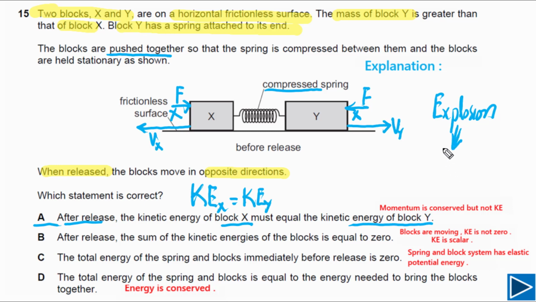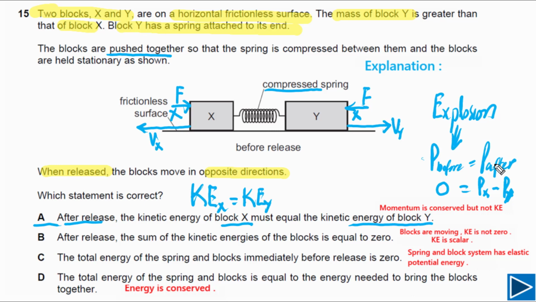For an isolated system, means there is no net external force acting on the system, momentum before explosion has to be equal to momentum after. So momentum before is equal to 0. It simply means that the momentum of X must be equal to the momentum of Y. So Px minus Py has to be equal to 0.